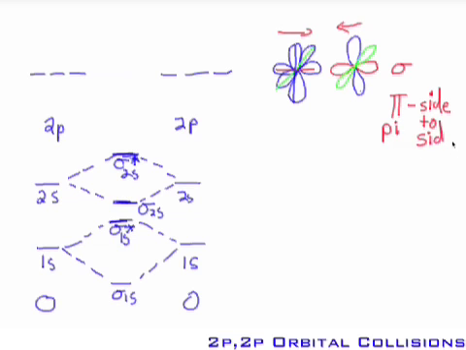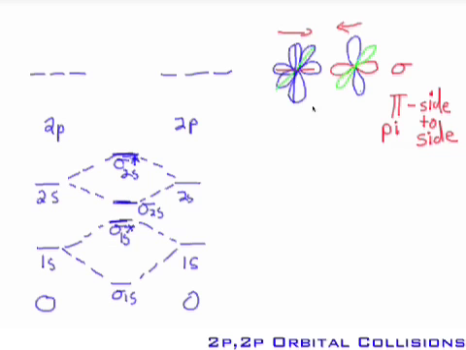And so both the blues and the greens are hitting each other side to side. So one orbital on one atom is hitting a red orbital on the other atom. So this orbital and this orbital are involved in head-on. Now it turns out head-on gives more overlap. More overlap means stronger bond. Bonding leads to lower energy.